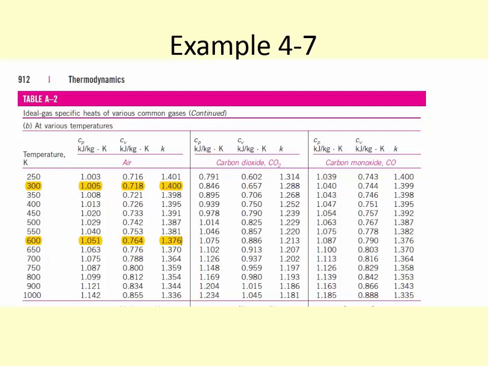Or C sub V at 600 is 0.764 kilojoules per kilogram Kelvin. So I can either take the average of those two numbers, and I didn't calculate that one out, so if someone wants to calculate that real quick and tell me, that's my average C sub V for this process. That at 300 it's this, at 600 it's this. Since I'm changing between two different temperatures with two different C sub V's, I'm just going to say it's approximately an average.